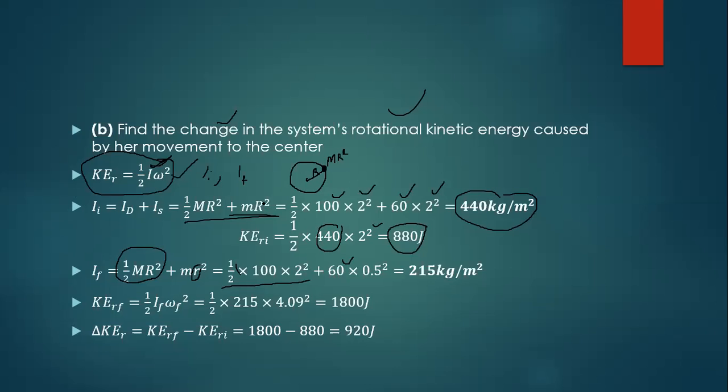Before it was equal to the radius of the disk, but here it changed because she moved closer, to a distance of about 0.5 meters from the center. That's why her moment of inertia changes. When we compute the moment of inertia using this expression, we find this value, 215 kg per meter squared.